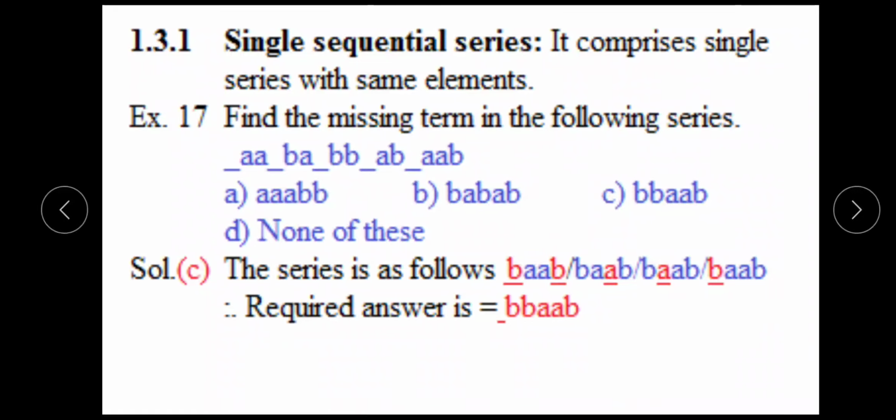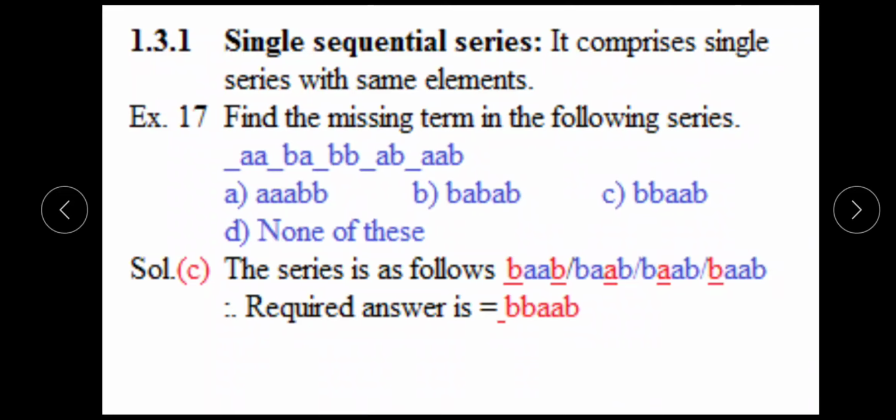We have to check which alternative we will use so that the series becomes a series that looks like a pattern. We will check the first option, then the second option, then the third option, and we will put these alphabets in these spaces.